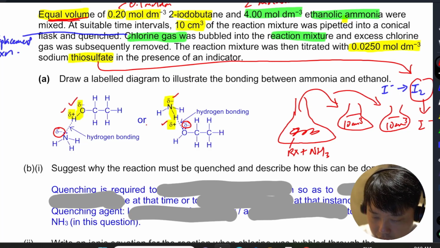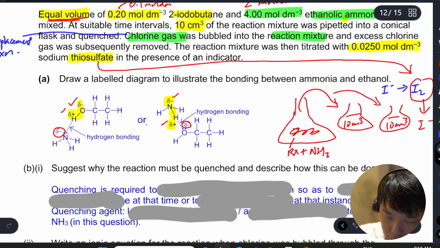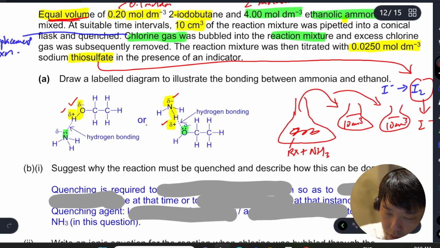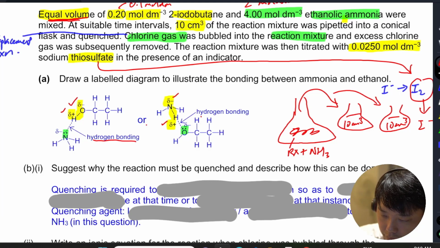And then the next thing is we want to see the lone pair right here that accepts the delta positive H. And then subsequently we want to see the hydrogen bond labeled properly. So 3 points: one, you got to have the dipole moment written properly. The second point is you got to have the lone pair.